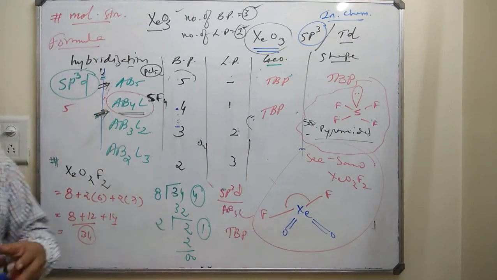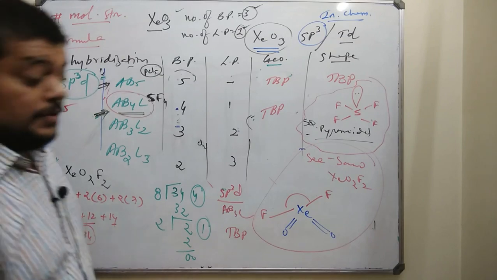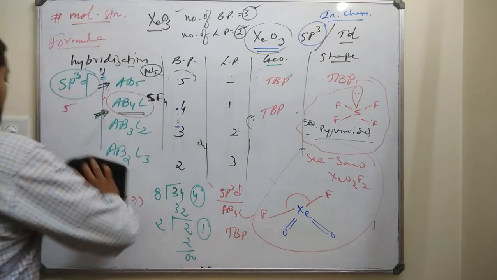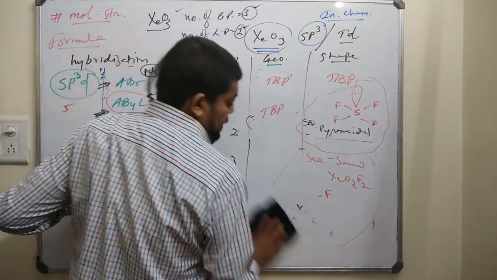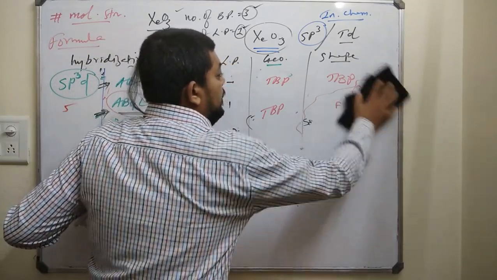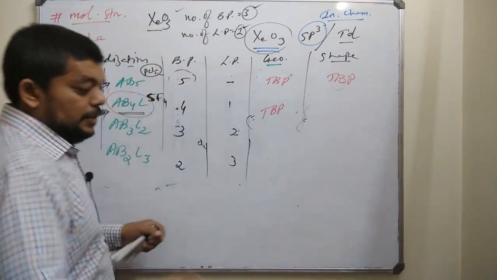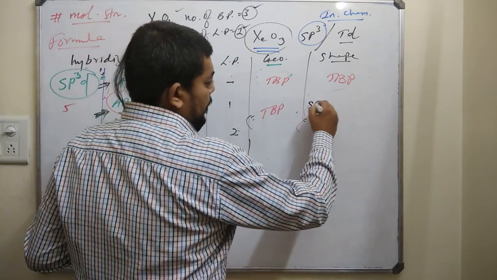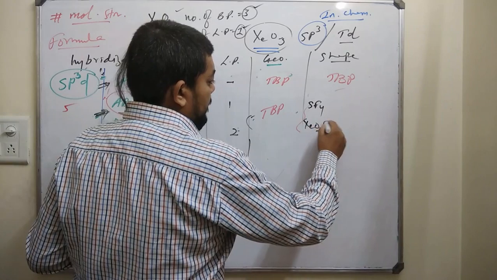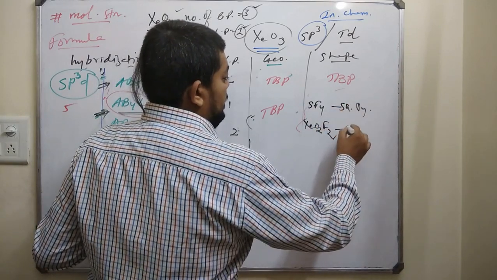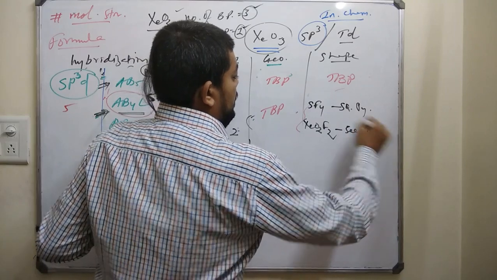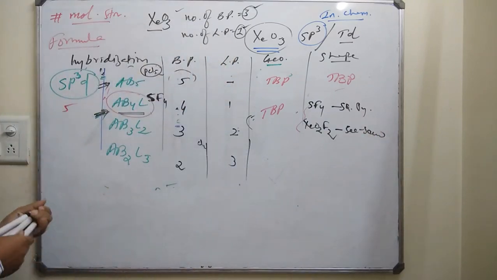And this is why molecular structure is important when we are trying to appear in different competitive exams. So it was XeO2F2. Let us still move a step ahead. Over here friends, just for ourselves, I will be writing 2 examples. One is square pyramidal and the second one is seesaw. Let us move a step ahead.